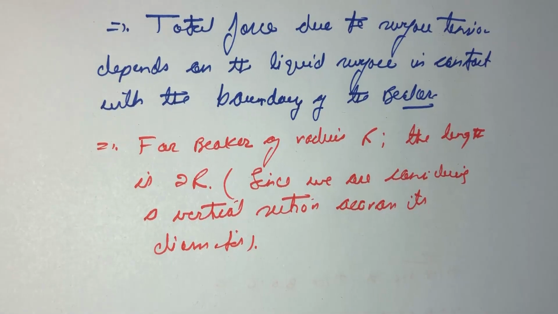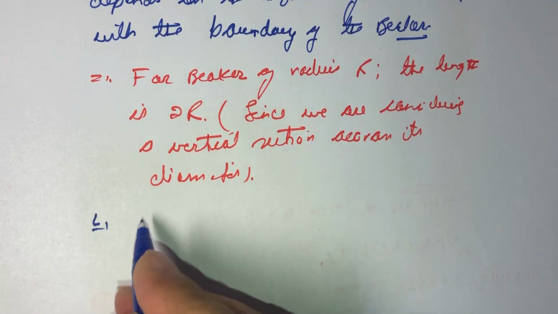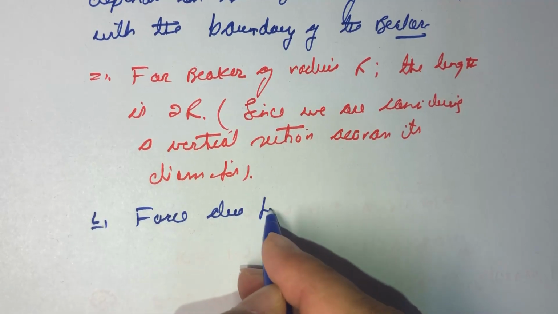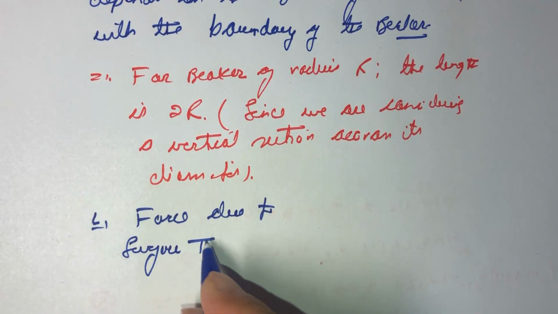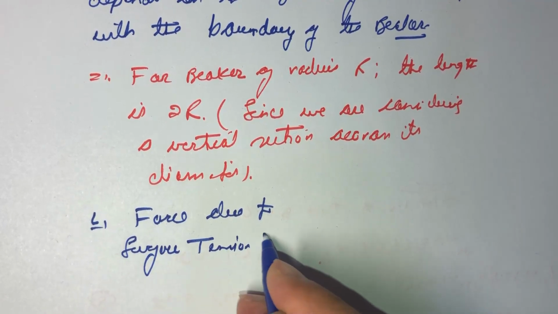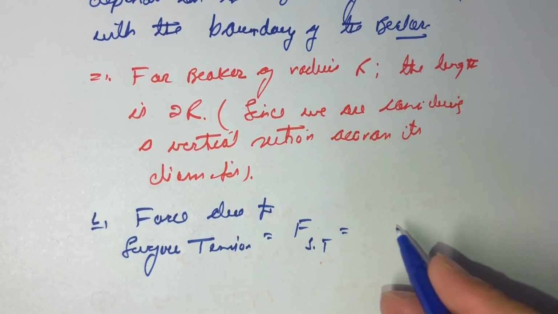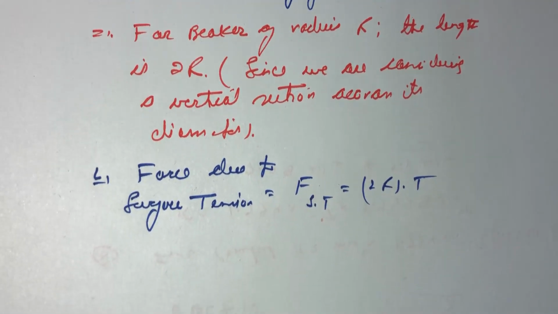Therefore the force due to surface tension, let us say it is given as FST, and that is equal to its diameter multiplied by T.